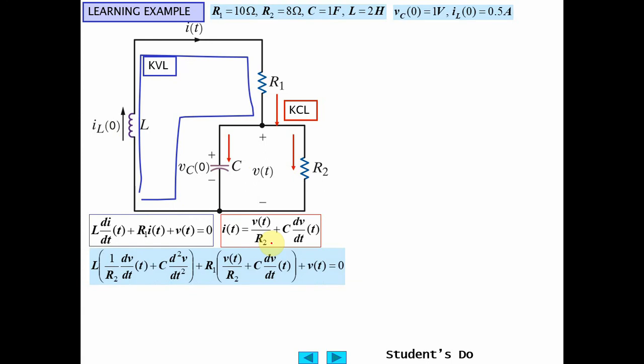Get everything all together. So here's I. Make the substitution right there. Here's another substitution right there. And then it's algebra, get all the factors together.